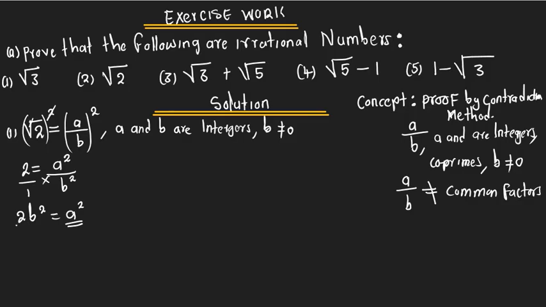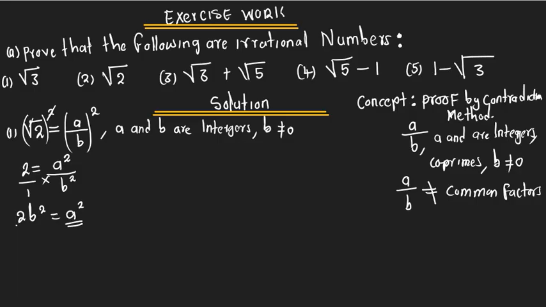So when we multiply 2 by b to the power 2, we are getting a as a single quantity number, right? Because whatever number that we can put on b, if we multiply it by 2, definitely we are going to get a single number, and that number is going to be rational, right?